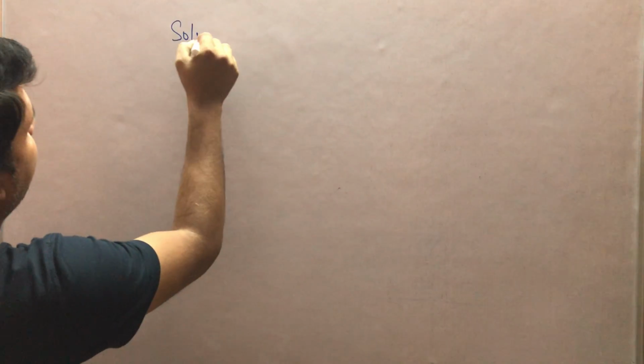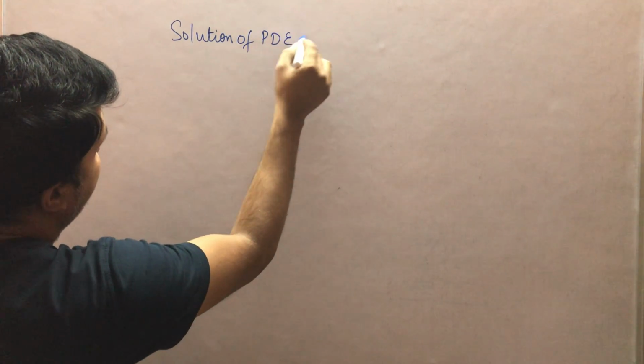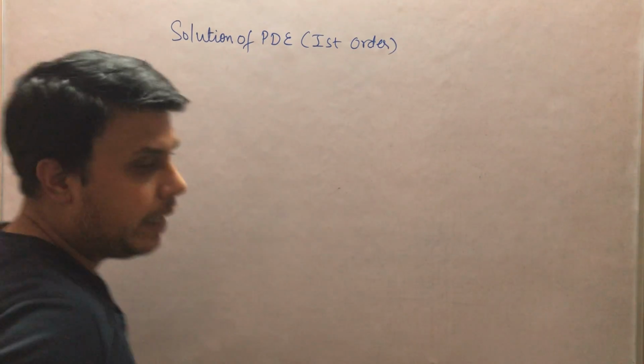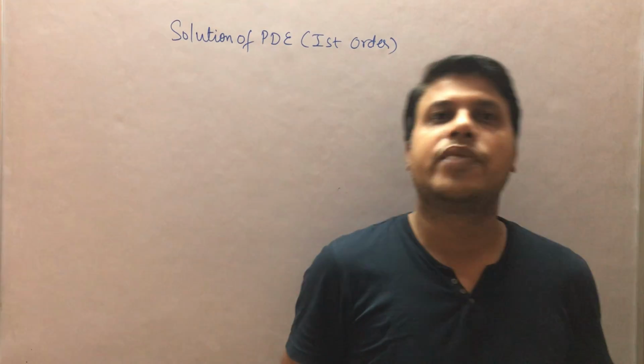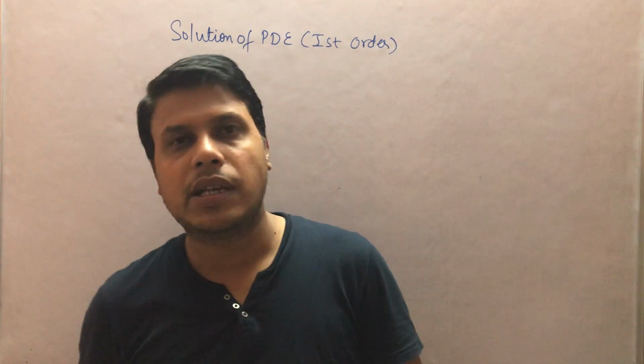So in this video we are going to move further about the solution of the differential equation, or precisely say the solution of partial differential equations. And in partial differential equations also, we are interested in the solution of first order partial differential equations.